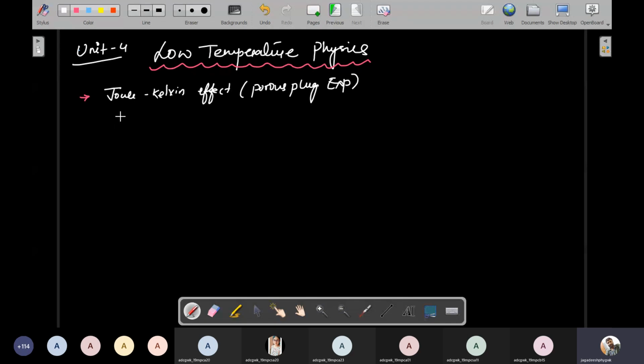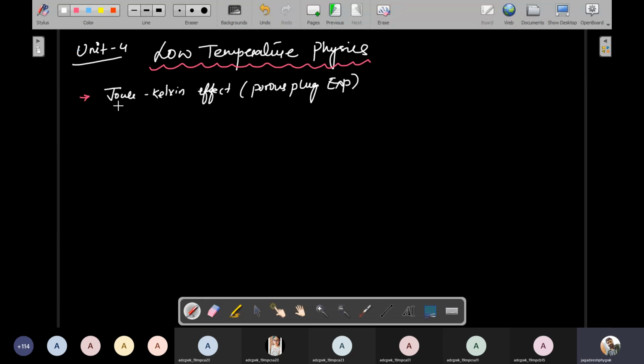In the previous class, in Unit 3, thermodynamic potentials, there was also a Joule-Kelvin effect. In that Joule-Kelvin effect we find the change in temperature with respect to pressure at constant enthalpy.